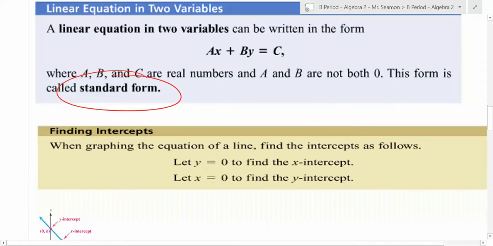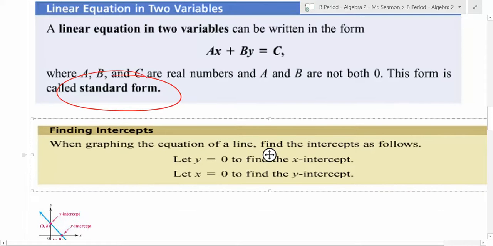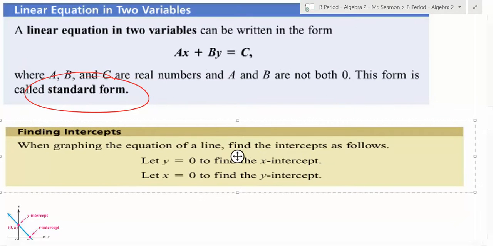So, how are we going to graph lines? If you have 2 points, how many different lines can go through just 2 points? 1. Is it possible to draw more than one line through 2 points? No. So how many points do you need at a minimum to draw a line? 2. So if you find 2 points and connect them, did you draw the line? Yeah.